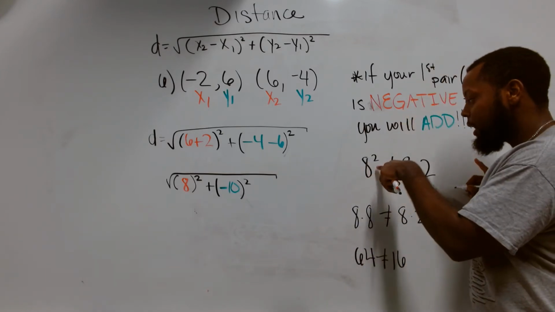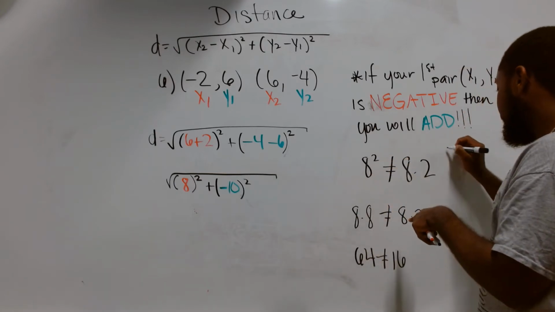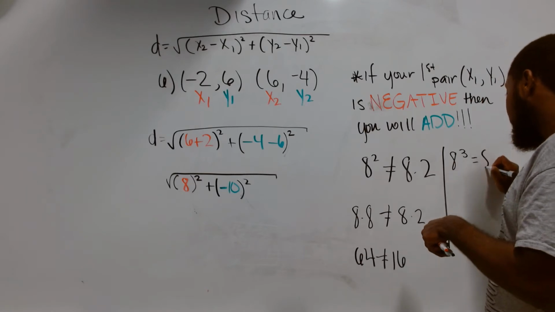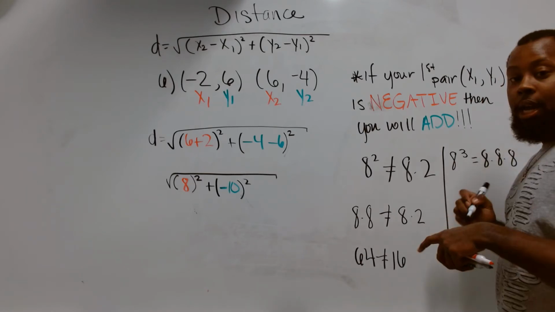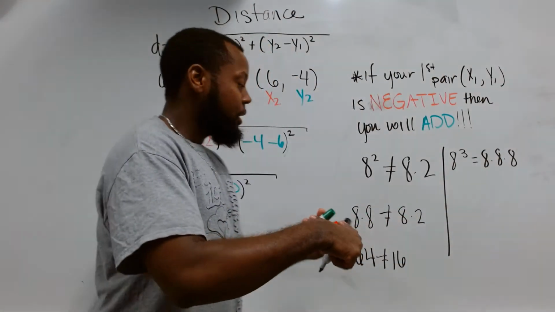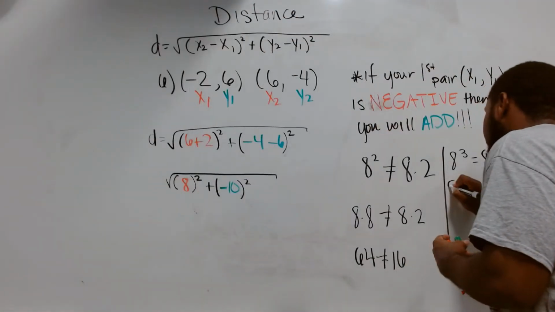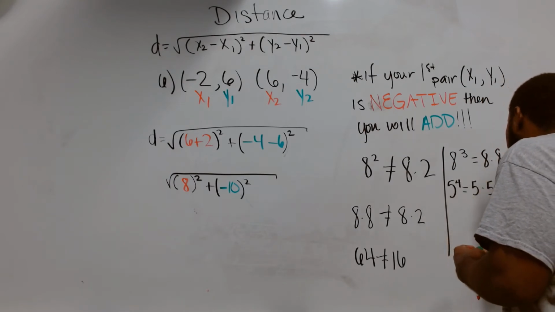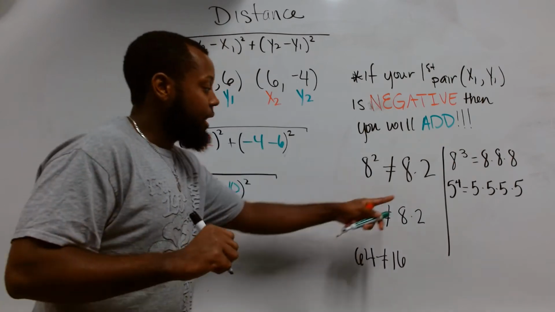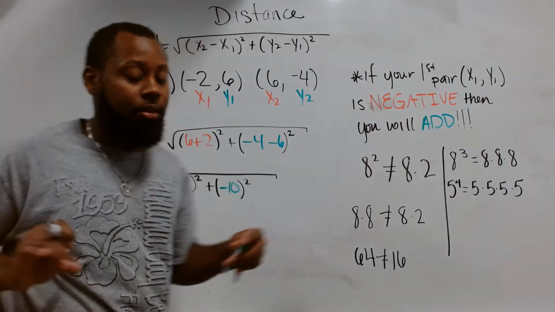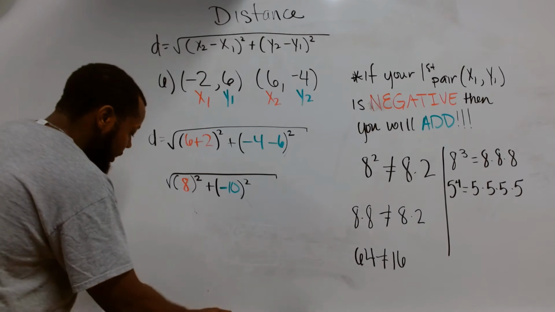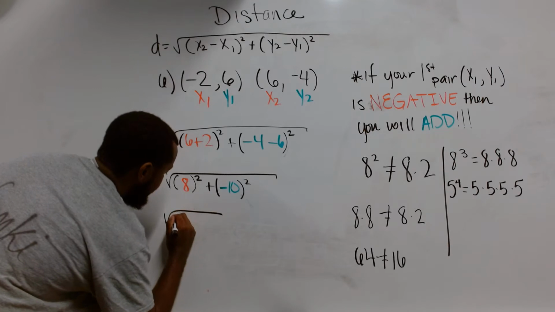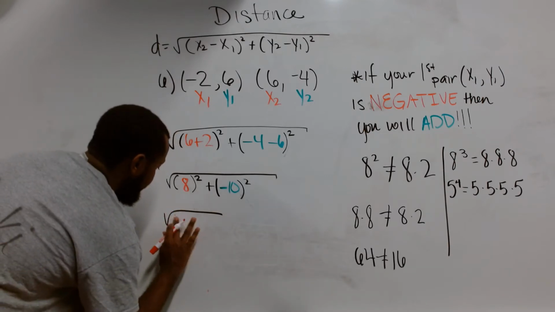So 8 squared is saying 8 times 8. So if I was to have something that says 8 cubed, it will be written as 8 times 8 times 8. I had to expand it 3 times. That rule will apply if you had 5 to the 4th: 5 times 5 times 5 times 5. That exponent tells you how many times you got to expand it. So 8 squared is literally 8 times 8, so we already know that answer is 64.